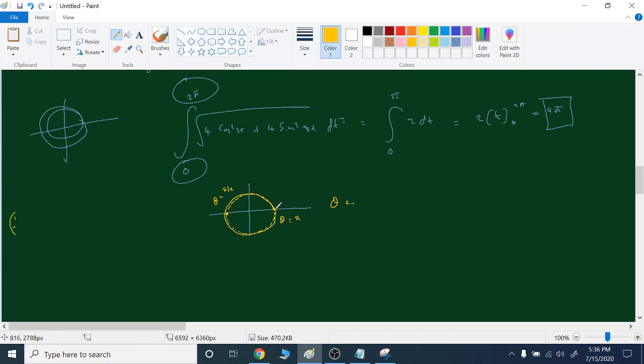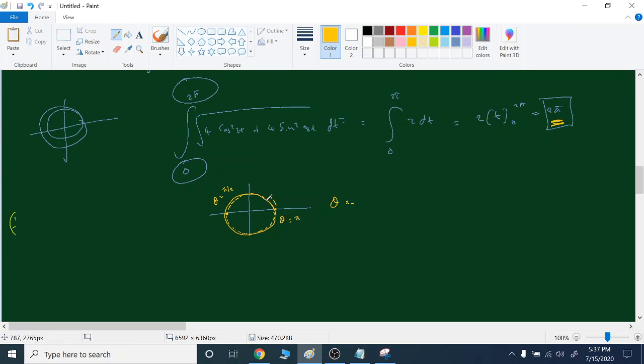So suppose you are running across this curve, right? It's like you have completed one full cycle, and then once again you are going to complete this full cycle one more time, right? It's like you have traveled this distance 2 times. So that's why you are getting 4 pi as the answer.